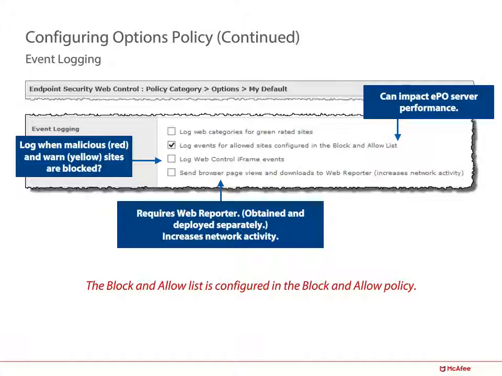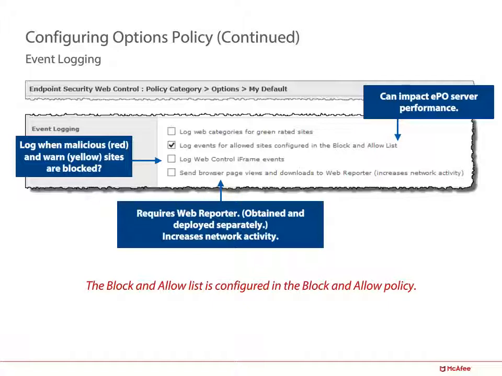The log Web Control iframe events option logs when a malicious website or a warn yellow site has been accessed, and they appear in your HTML iframe and are blocked.